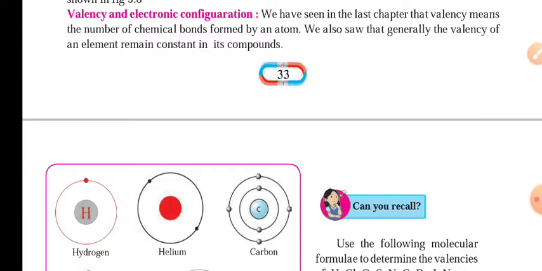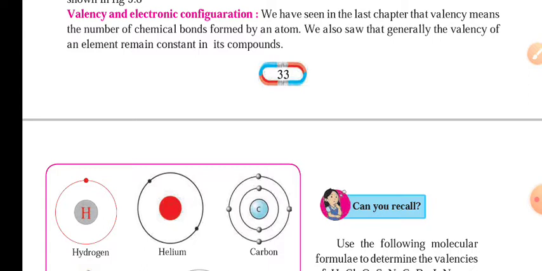When we discuss this electronic configuration, the number of electrons present in the last shell helps in identifying or calculating the valency of the particular atom. A shortage or an excess of electrons in the outermost shell brings the concept of valency.